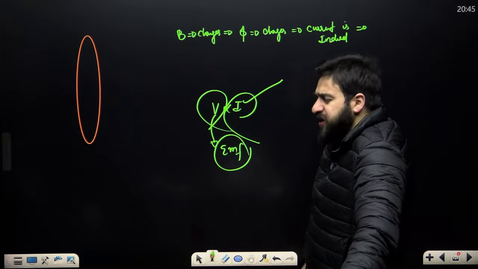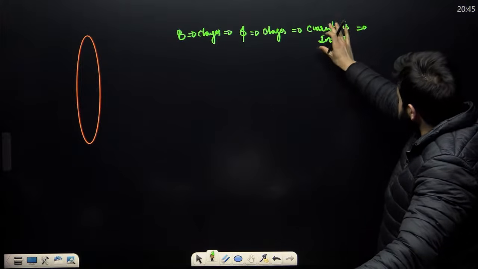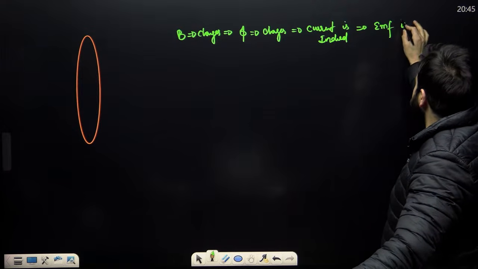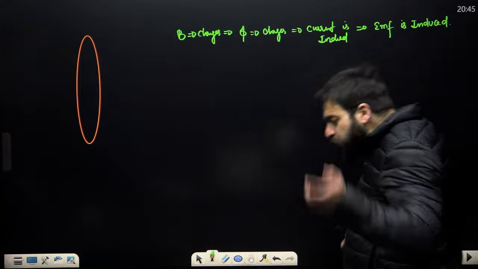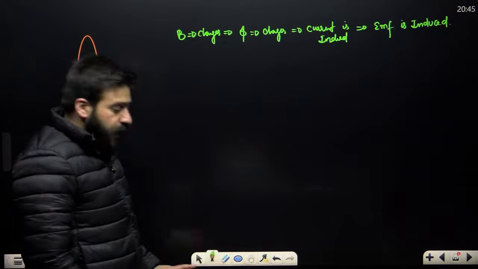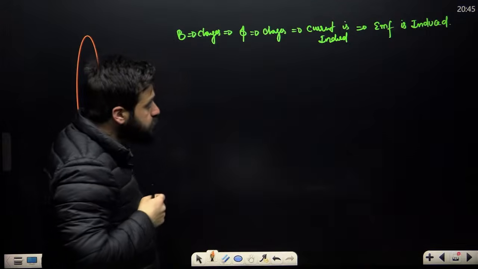Without potential difference, current cannot flow. So if current is induced, EMF is induced, because without EMF, current is not possible. That's why we say EMF is induced. EMF means potential difference.